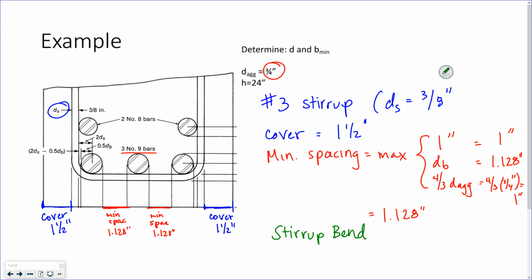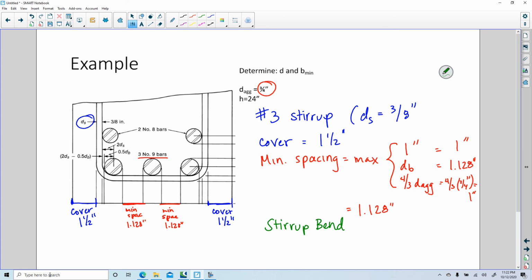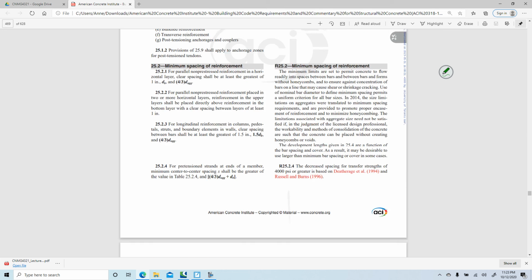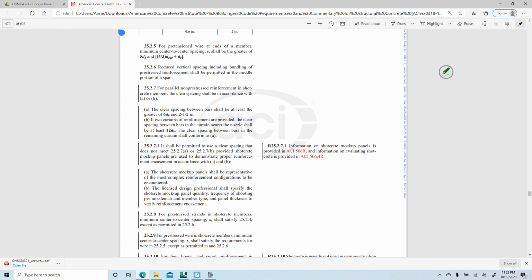This is in chapter 25, which is where we just were. 25.3.2. Okay. It's on page 470.